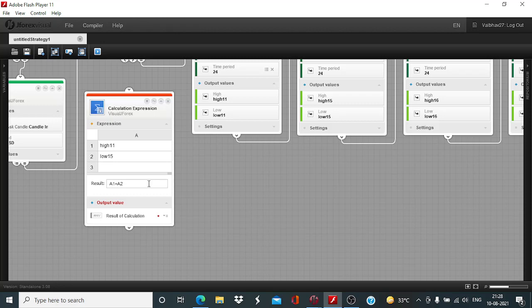And we need to put it in bracket so that order of calculation is maintained. And after this sum has been calculated, we want to divide it by 2.